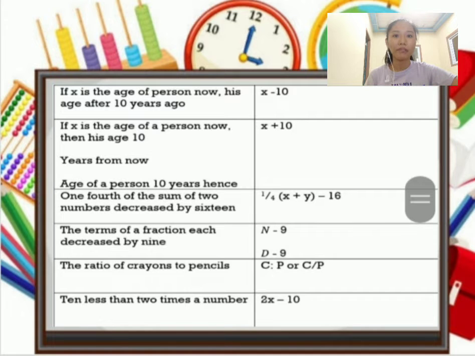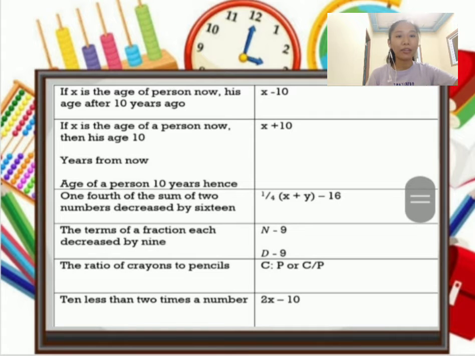We have also the ratio of crayons to pencils. So C divided by P. And we have here also 10 less than 2 times a number. So 2x minus 10.